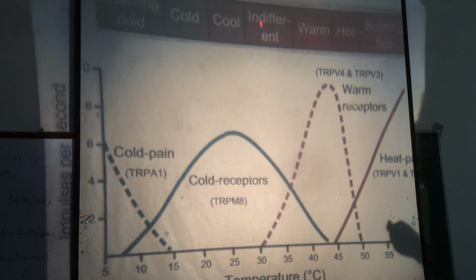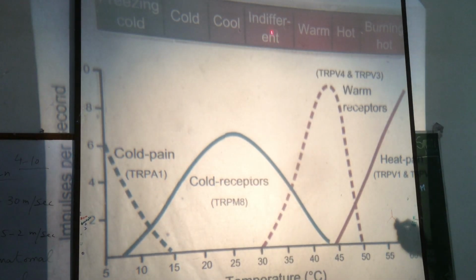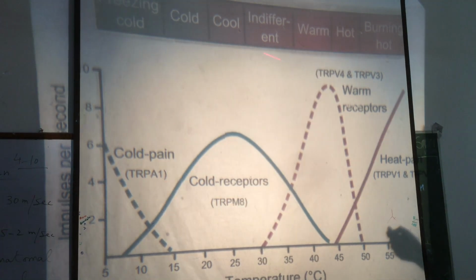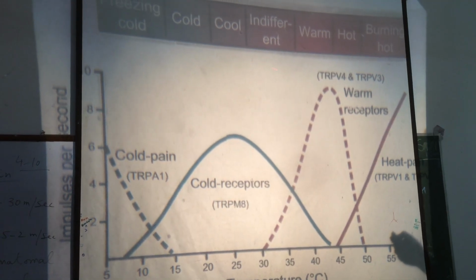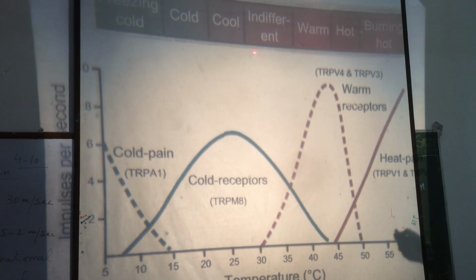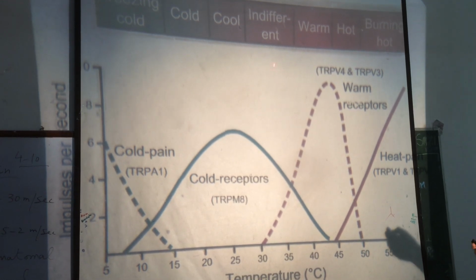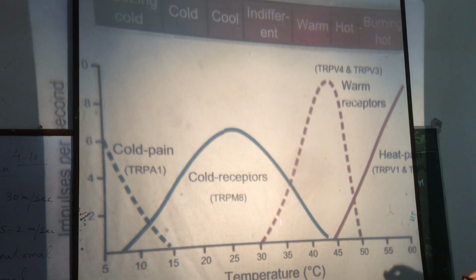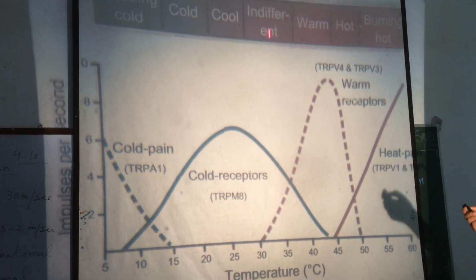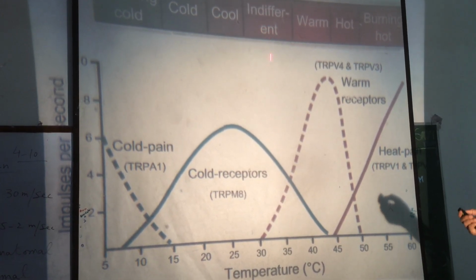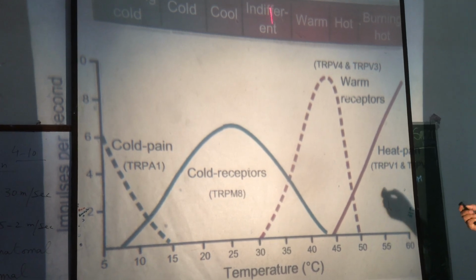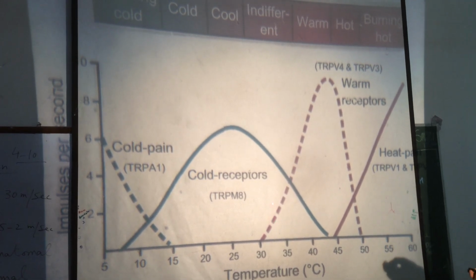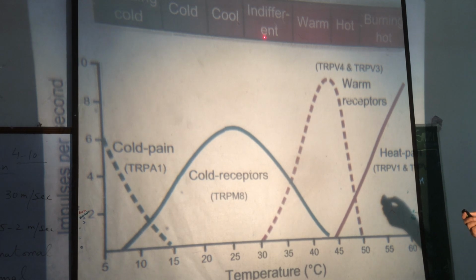In this zone there is no feeling of warm or cold.